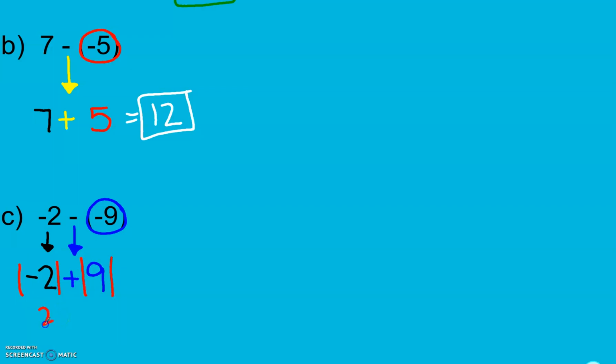We take the absolute value of both of our numbers. Here my signs were different. I had a negative and a positive. Different signs means we're going to subtract and find the difference. Bigger absolute value minus smaller absolute value. And then we look at that bigger absolute value. Here I had a positive 9, so my sign is a positive on my 7. Negative 2 minus negative 9 is positive 7.